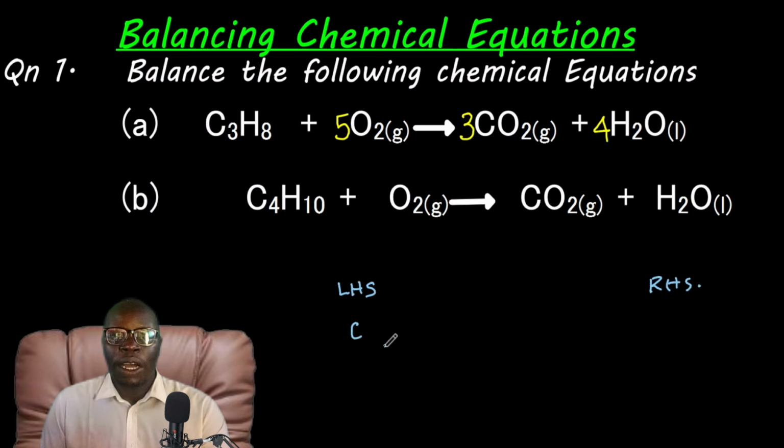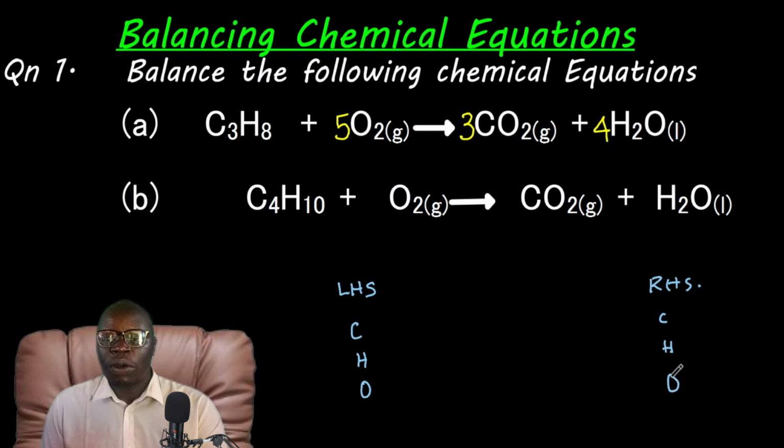So again, we have carbon, we have hydrogen, and we have oxygen from the left hand side. From the right hand side, we have the same elements, carbon, hydrogen, and oxygen. So let's check on the number of atoms of each of these. So for carbon, from the left hand side, we had 4. From here, we had 1.